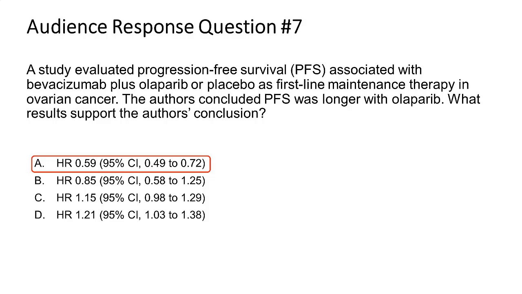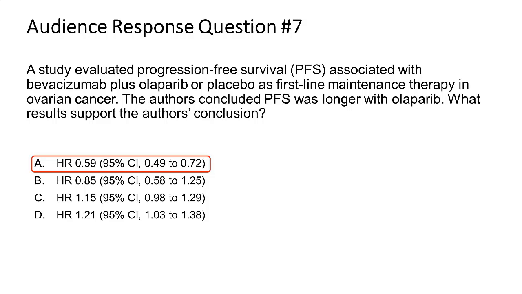And so with this question, because we have a hazard ratio, our confidence interval cannot include the number 1 in order to determine if progression-free survival was longer with olaparib or not. And so that would eliminate answers B and C.